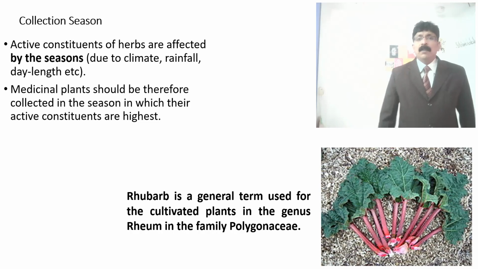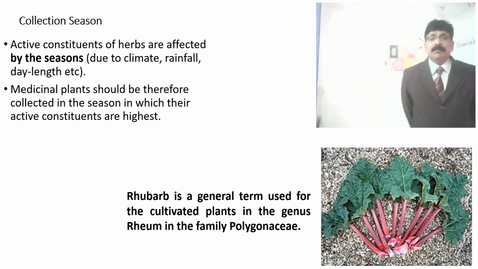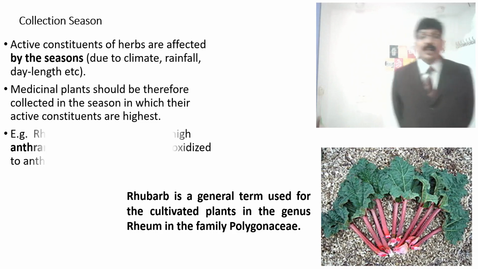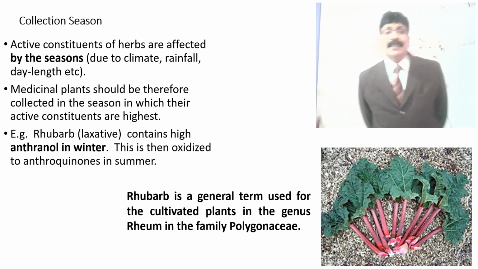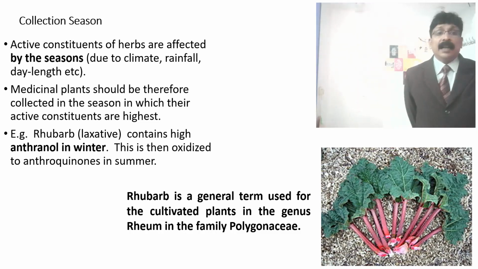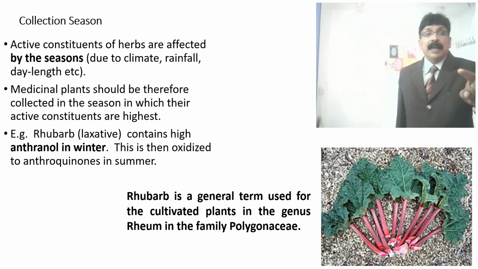Rhubarb is a general term used for the cultivated plants in the genus Rheum, in the family Polygonaceae. Example, rhubarb is a laxative drug. It contains high anthranol in winter, which gets oxidized and becomes anthraquinone in summer.